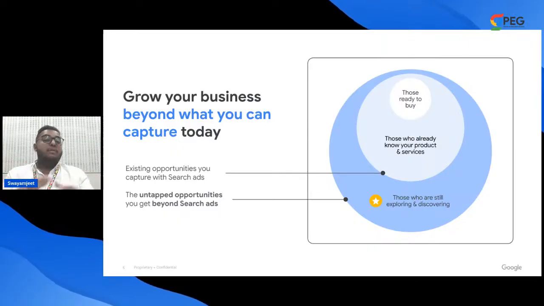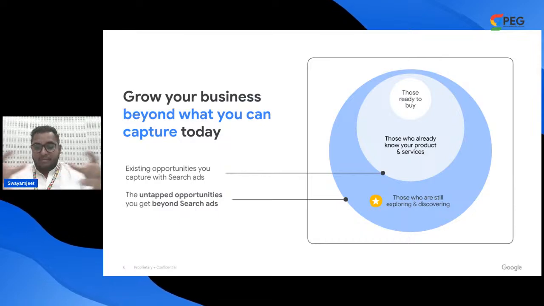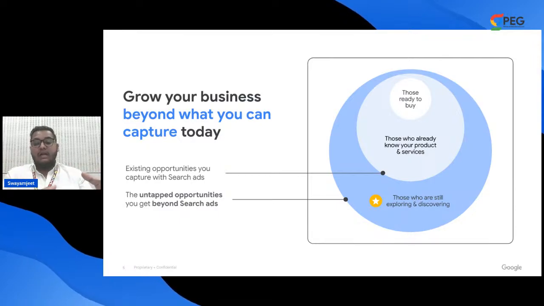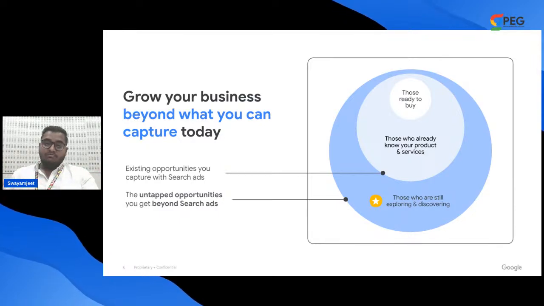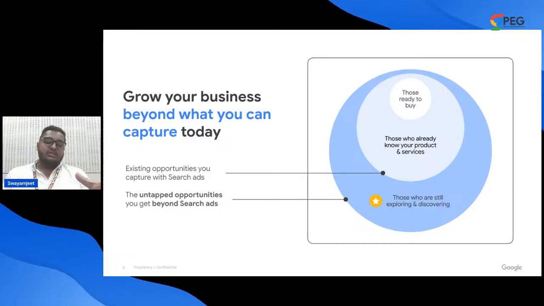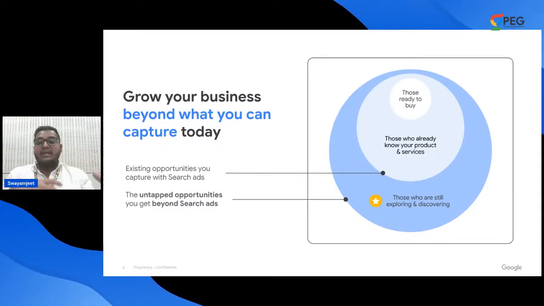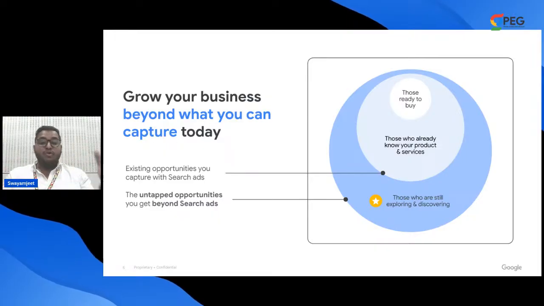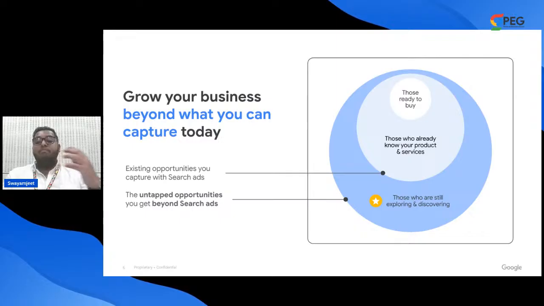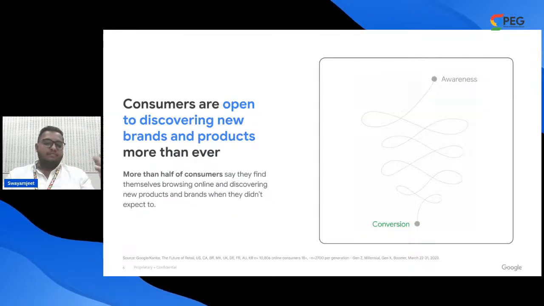It's about sparking interest, building awareness, and then creating demand where it did not exist before. In essence, you are not just reacting to existing searches, you are proactively looking for new customers. And my friends, that is how you truly grow your business beyond what you capture today.